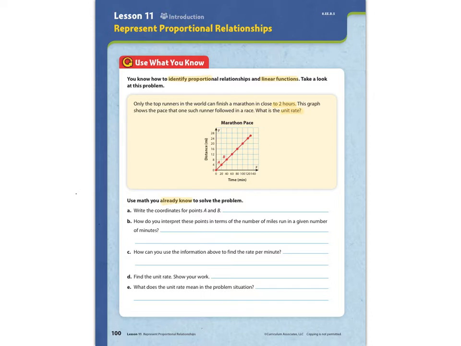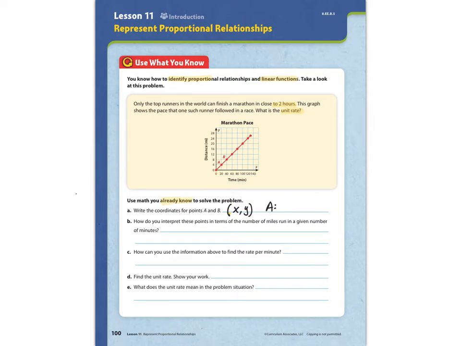So it says write the coordinates for point A and B. Remember, coordinates are going to be in the form in parentheses, and then you're going to put the x number and then the y number. So for point A, if you look right here, it's going to be 20 and 4.